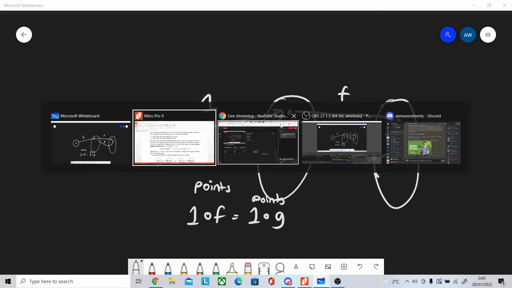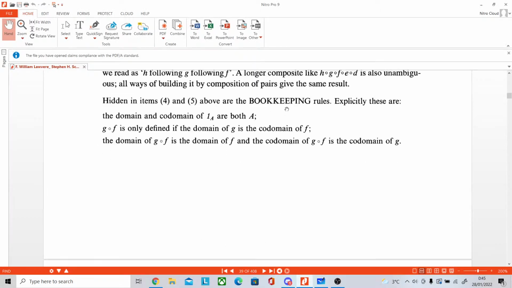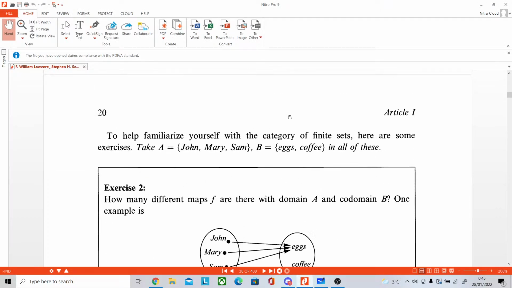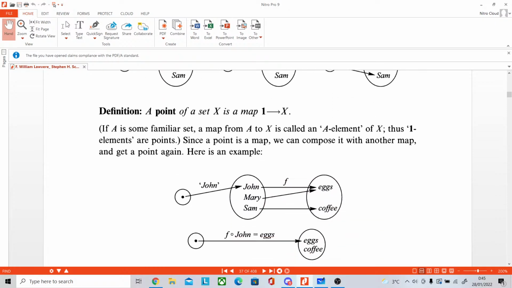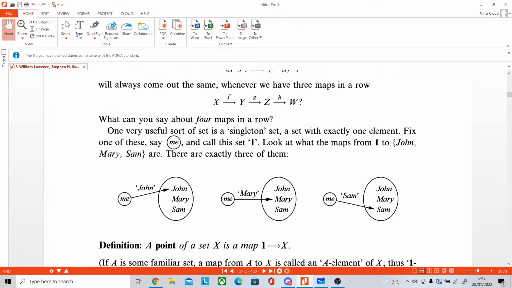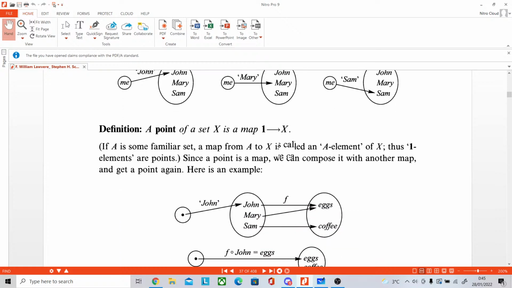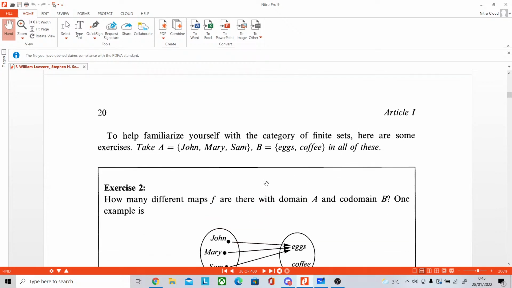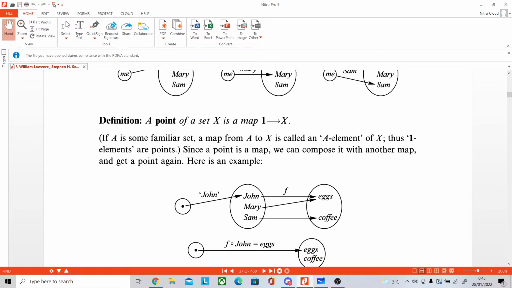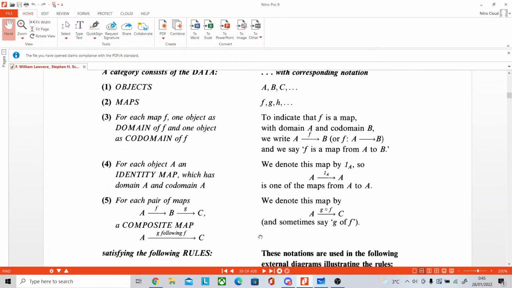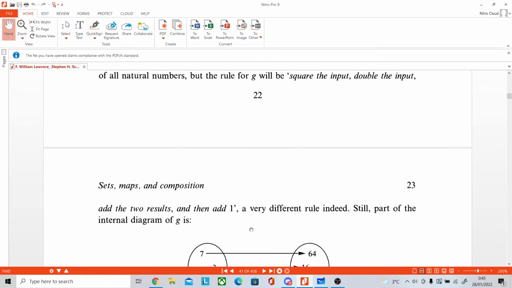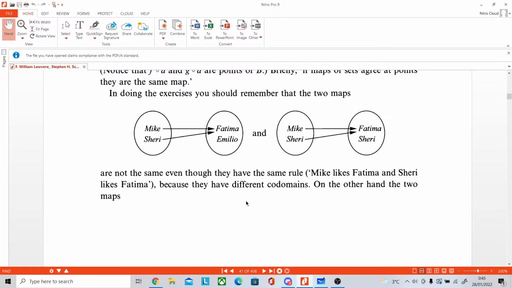I remember from, I don't know, back here. Yeah, since a point is a map, we can compose it with another map and get a point again. So we compose a point with a map, we get another point again.